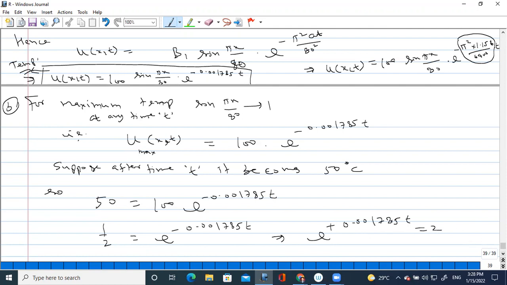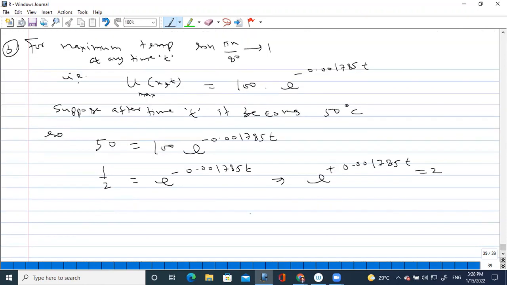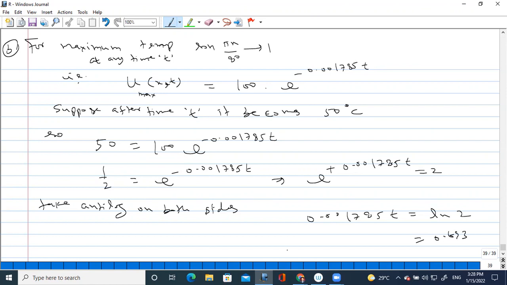So taking antilog on both sides, it will become 0.001785 t equal to ln 2. And what is the value of ln 2? 0.693.